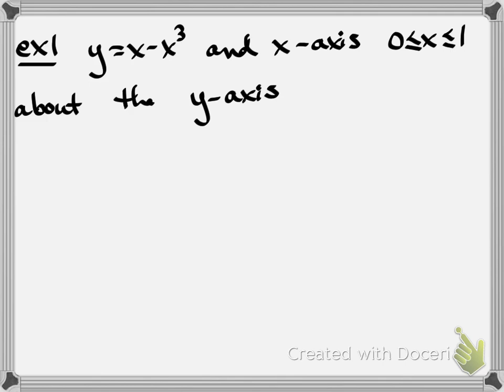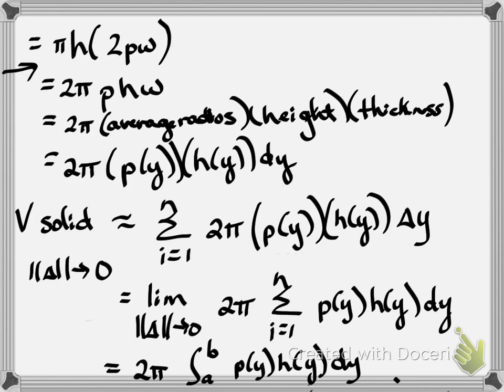Okay, so we have a vertical axis of revolution. If you look at the top of page 458, we have a vertical axis of revolution, so we're doing a similar version.